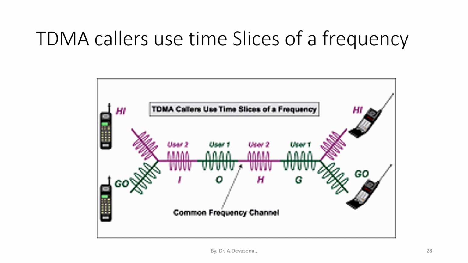Just consider that the other caller is sending the information go. The information sent by caller 2 is go. It is green in color. This is represented in the common frequency channel and it is received at the receiver side in a correct manner.